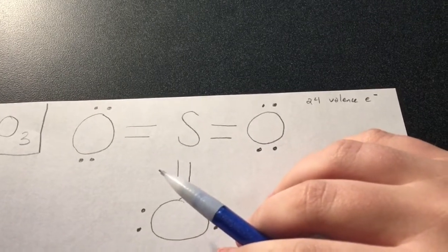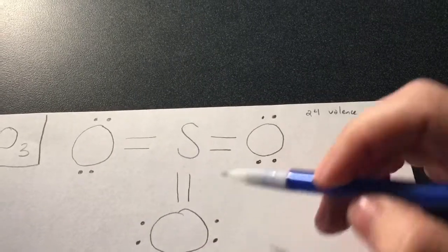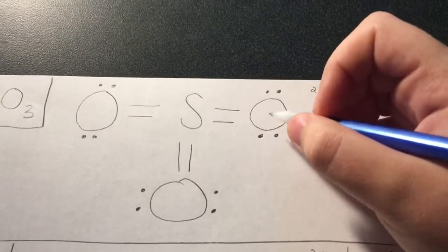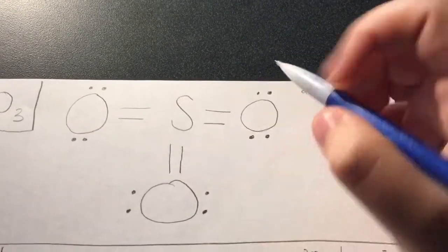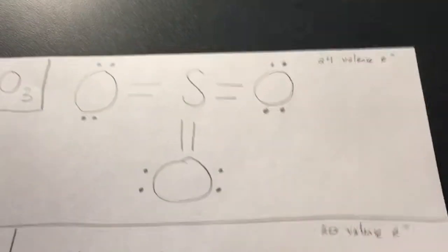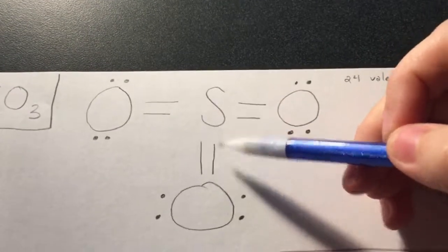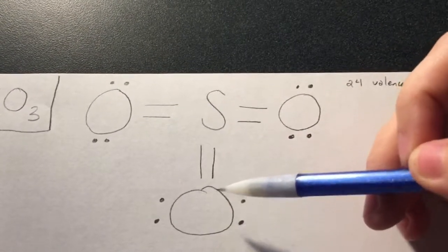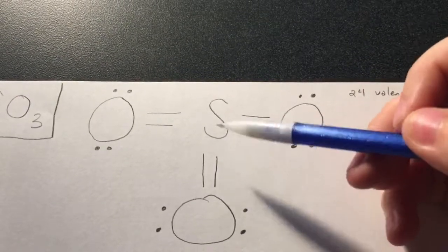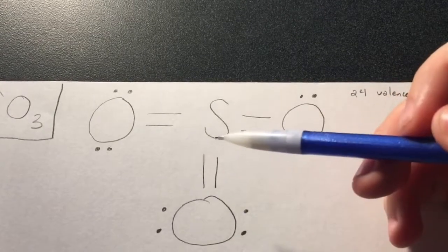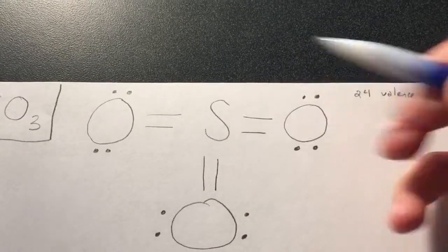Now we're going to identify partial charges and the bond dipoles in this molecule. The partial charges are based on electronegativity. Looking at the periodic table, we know that sulfur has a lower electronegativity than oxygen, due to oxygen being next to fluorine, and it taking more energy to get to sulfur from fluorine, since fluorine is the most electronegative of all the elements.